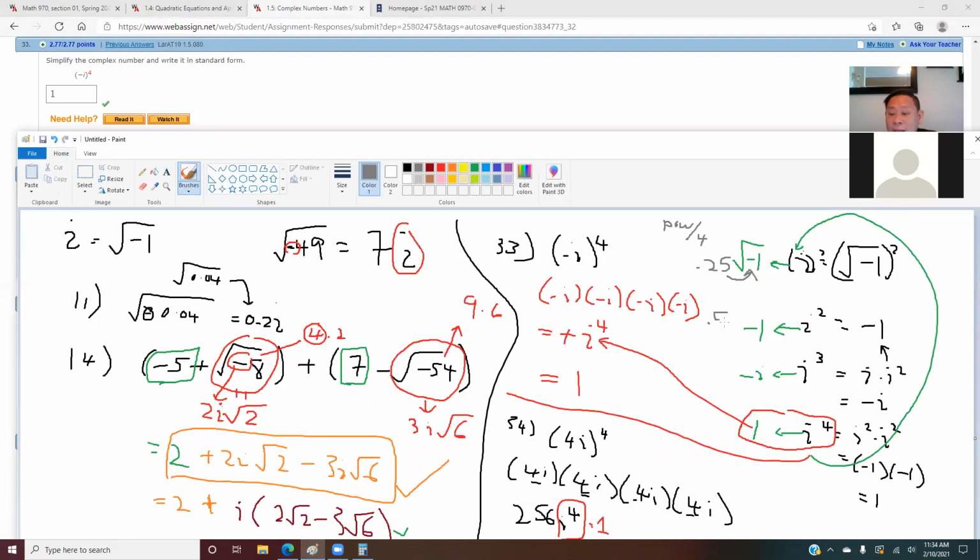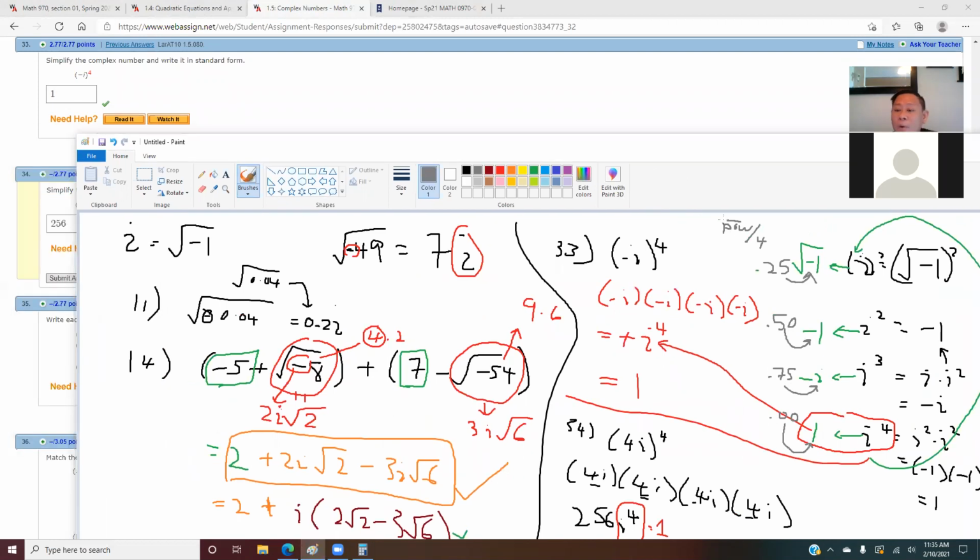If you have 0.50 or 0.5, your answer is negative 1. If you have 0.75, it is negative i. And if you have no remainder, that means 0.00, it divides evenly, then your answer is 1. So you have to divide your power by 4 and figure out what you get.